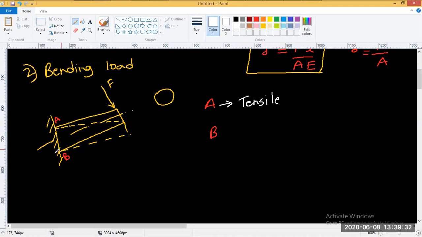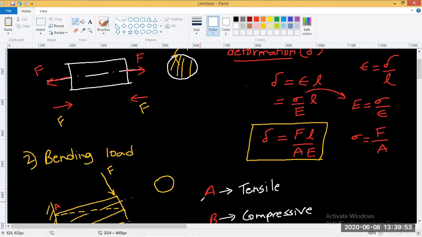Whereas at point B, it is being pressed inside of this wall. Therefore this kind of load is compressive. So both tensile and compressive are acting simultaneously. In the previous case that never happened.